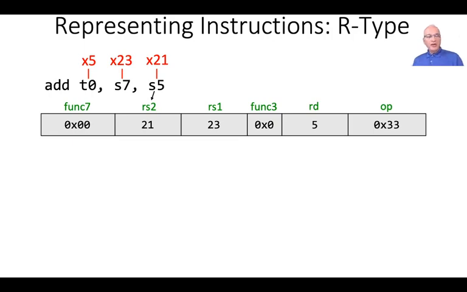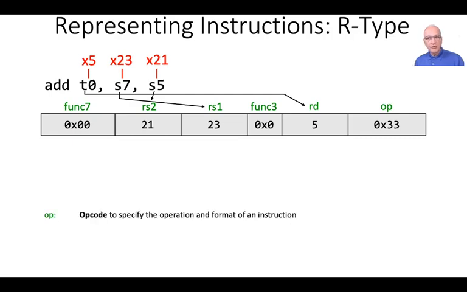S5 is encoded as the register source 2, and because this is register 21, the number 21 will appear in that bit field. S7 is the register source 1, so the number 23 will appear in that field, and T0 is the destination register, register 5, and the number 5 will appear in that field.